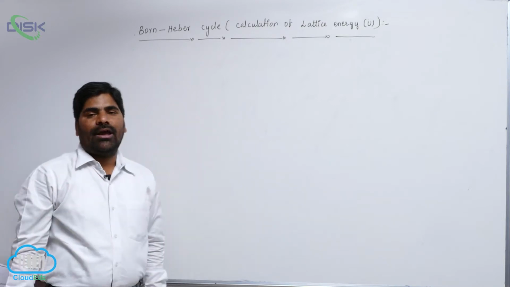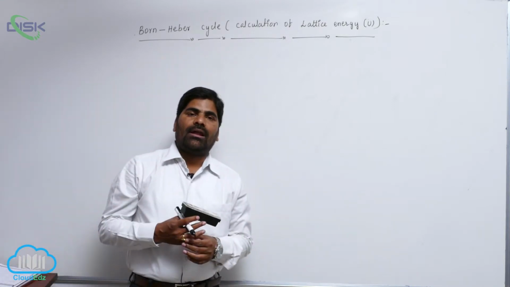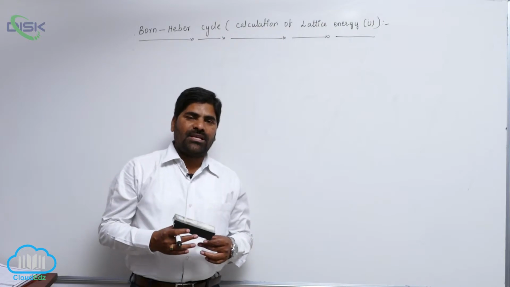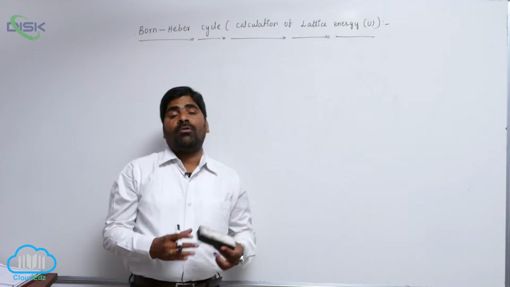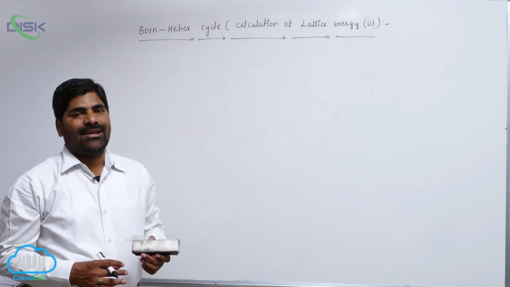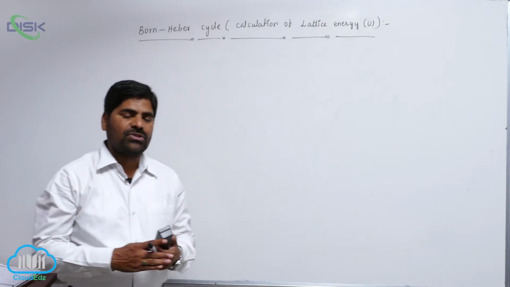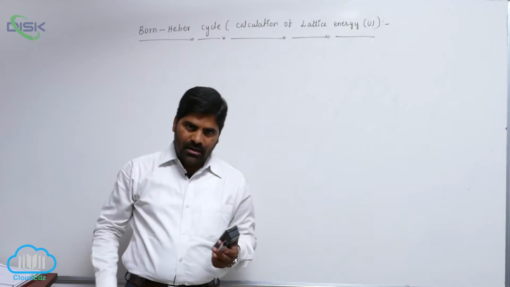Based on Hess law, if a chemical reaction takes place in one step or multiple steps, the energy released is always equal to the sum of the energies of all the terms.